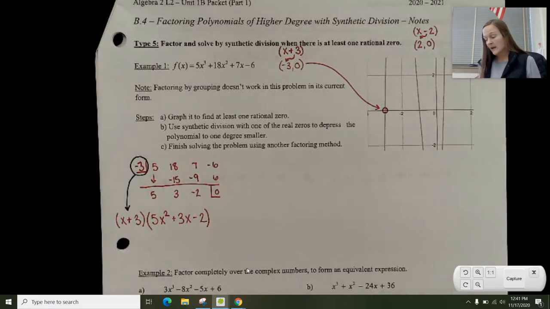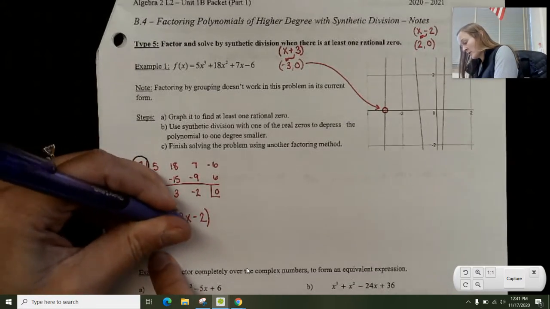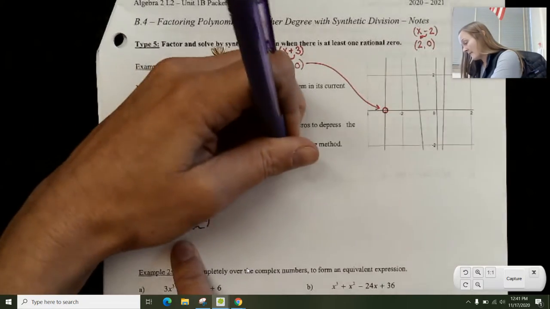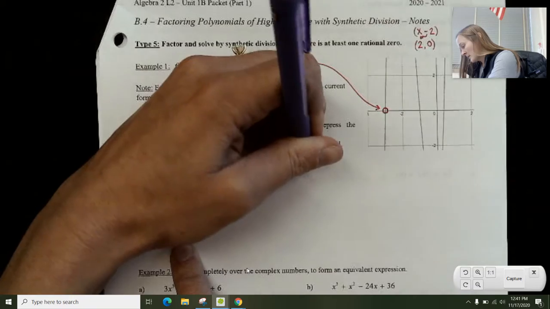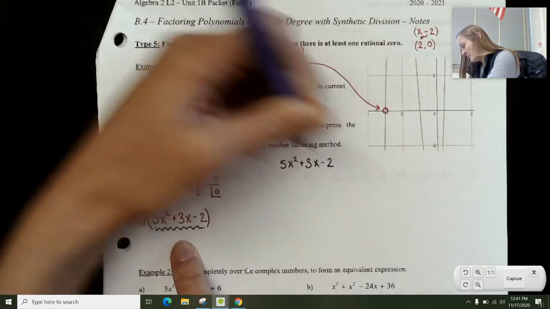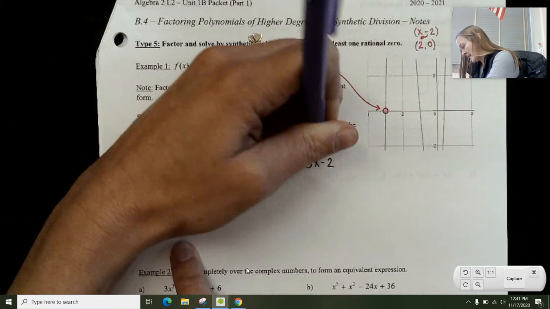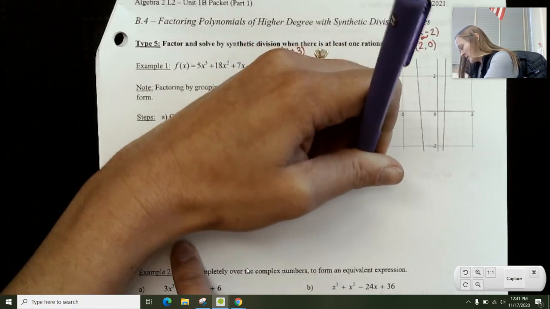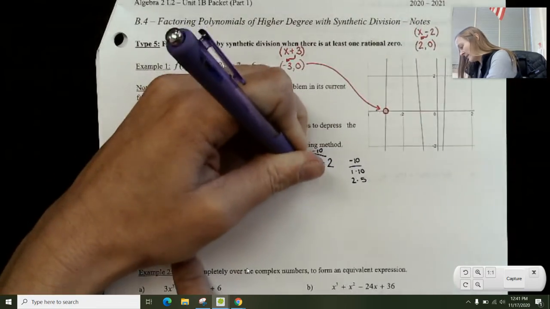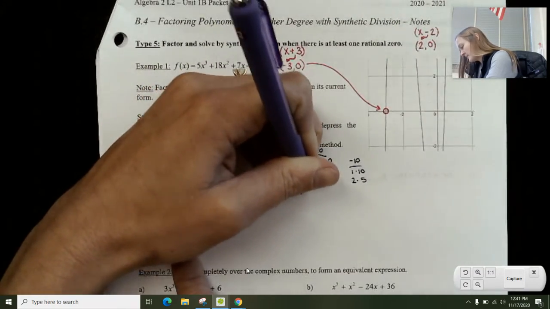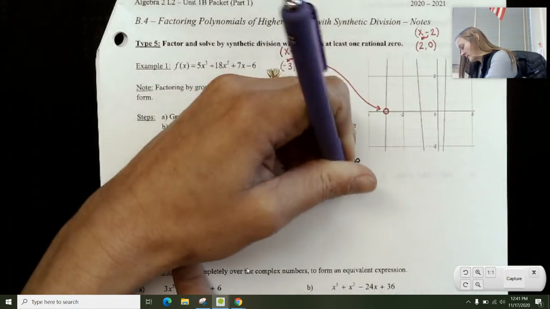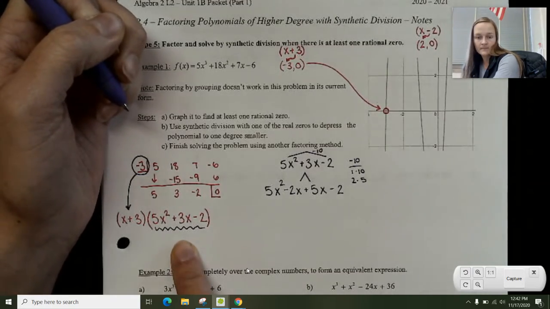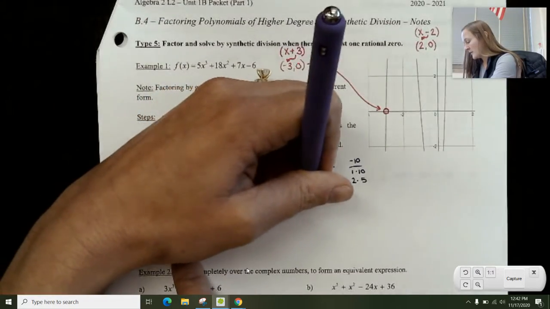So from here, I'm going to take this trinomial and I'm going to factor just as you've always done since Algebra 1. So I've got 5x squared plus 3x minus 2. So this gives me negative 10. And I'm going to split the middle term into a positive 5 and a negative 2. Out of the front 2, I can take out x.